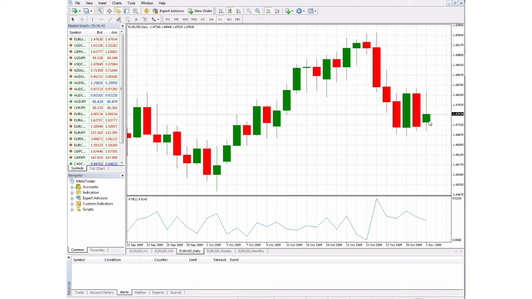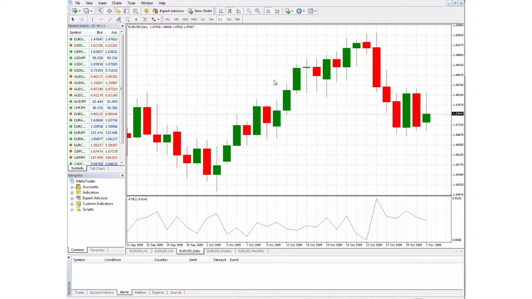And the way it's looking, this bar today on my chart is looking like an inside bar so far, but the day's not over yet, so it can go either way. So what we want to do is we want to sell the breakout on either side of this particular daily bar.